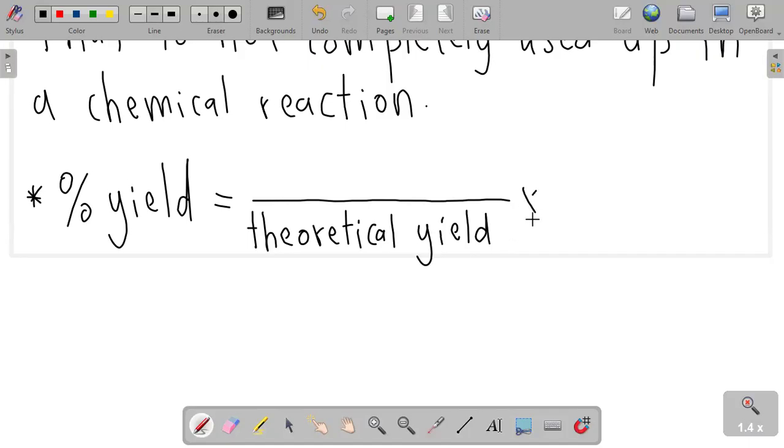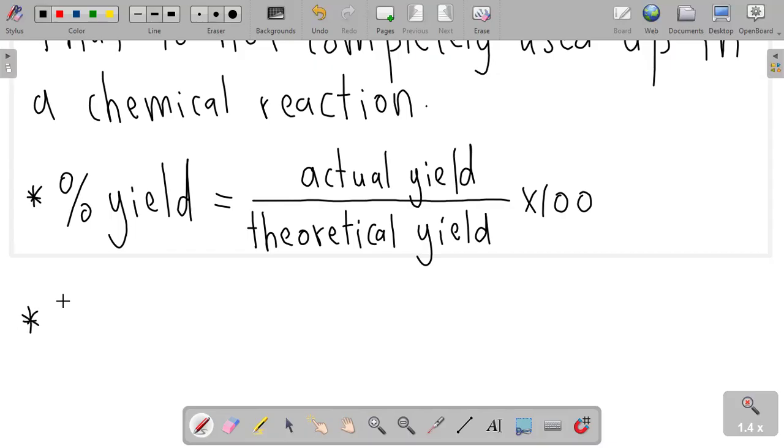So it's actual yield divided by theoretical yield, and then we multiply by 100.